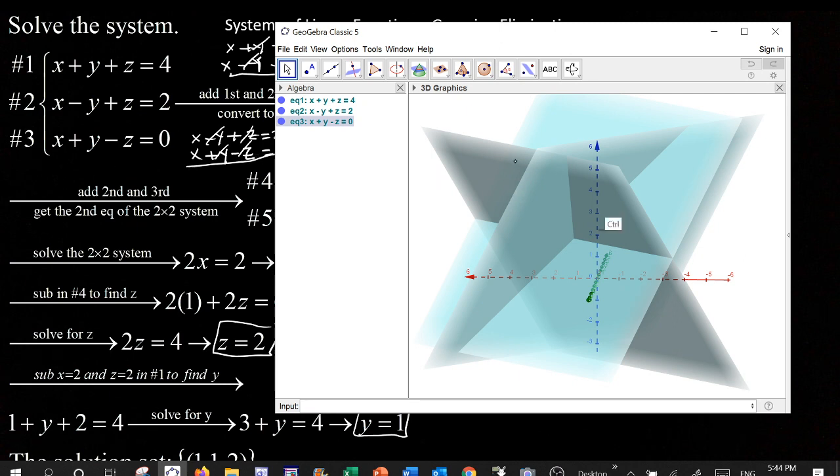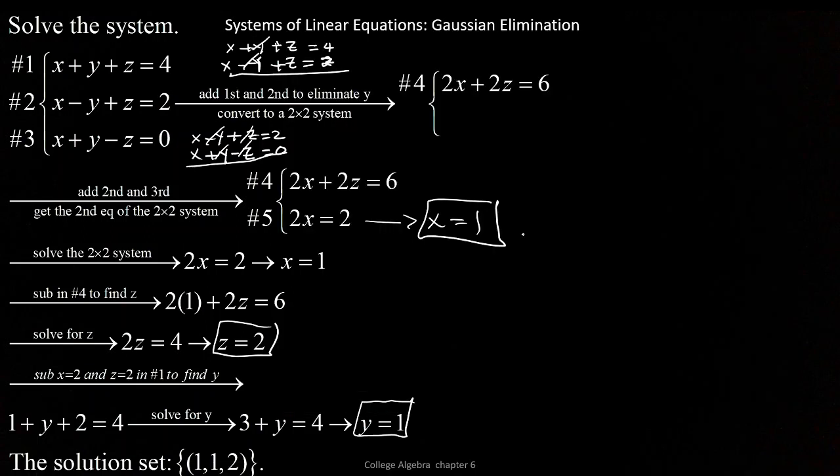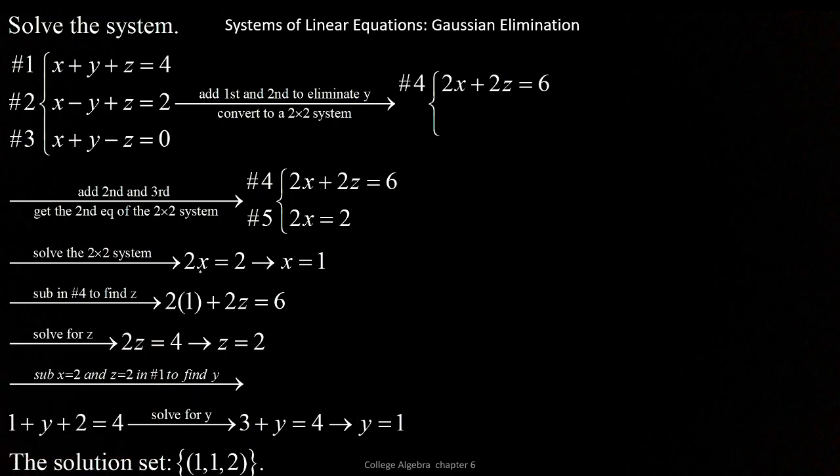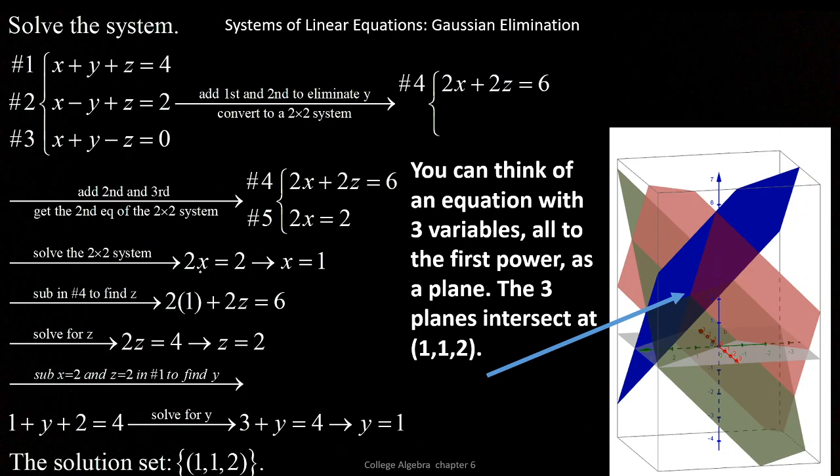But if the three planes meet at a line, then we get infinitely many. All right, so I just wanted to give a geometric interpretation of a 3 by 3 system. That's what it is. All right, so let us continue with this. And that is the picture I was just showing you, right? All right.